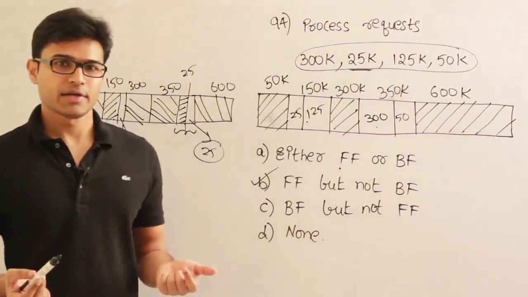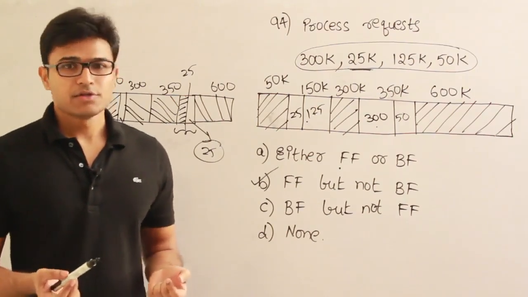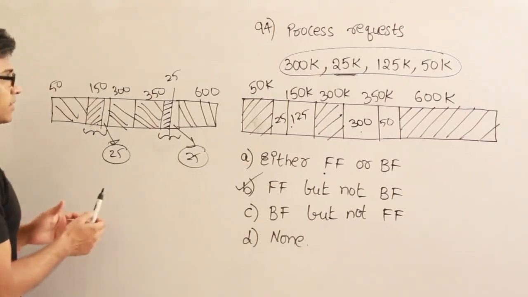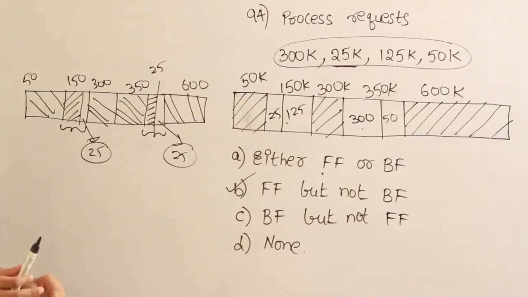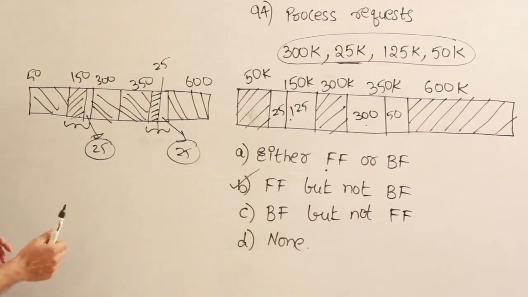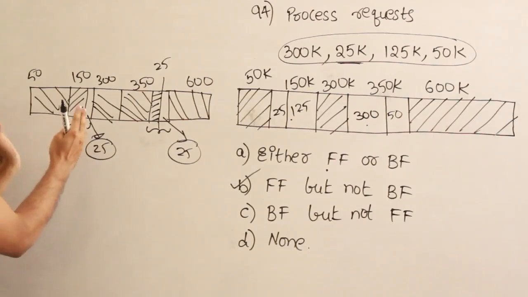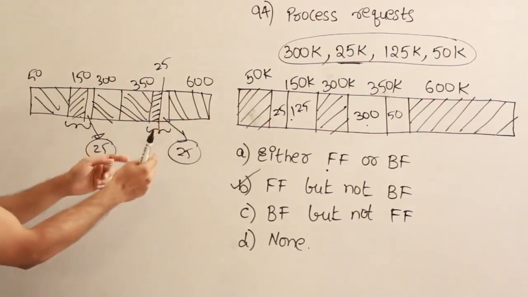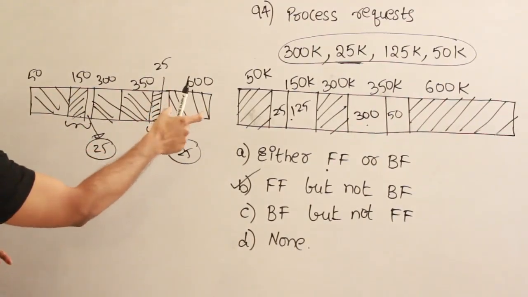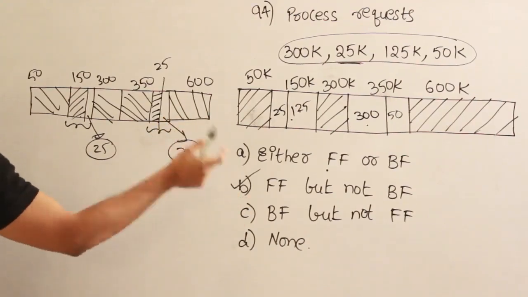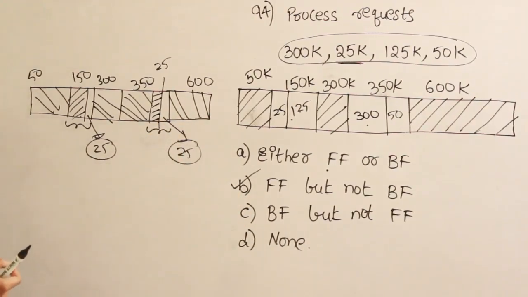And how can you solve it? By using compaction. In this question the compaction topic is not given, but if you want to solve it, you might have to pull all the occupied processes together and the blank spaces at one end. Therefore you will find a contiguous free memory, and you can put it there.